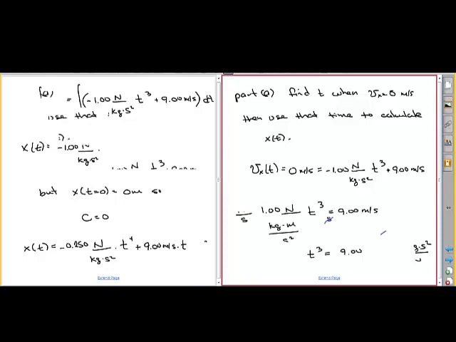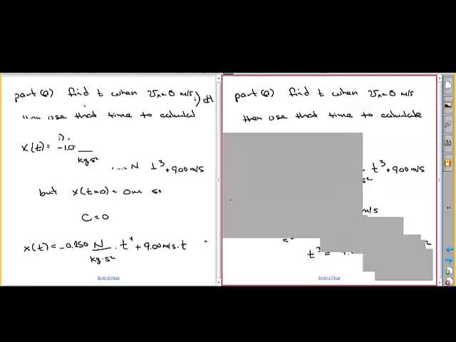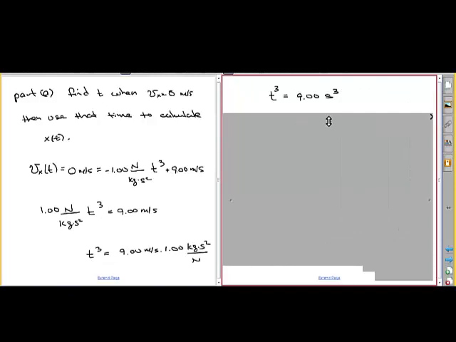Well, I say it's seconds cubed because it has to be. If I'm going to say the cube root of seconds cubed, I'll get seconds.